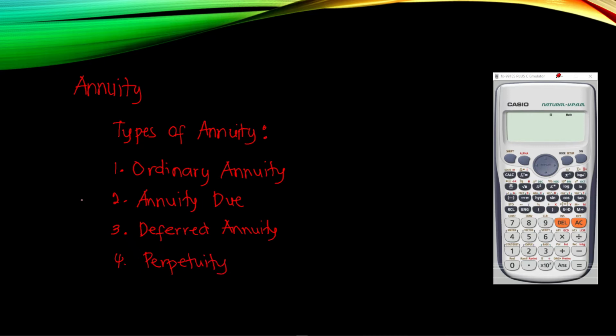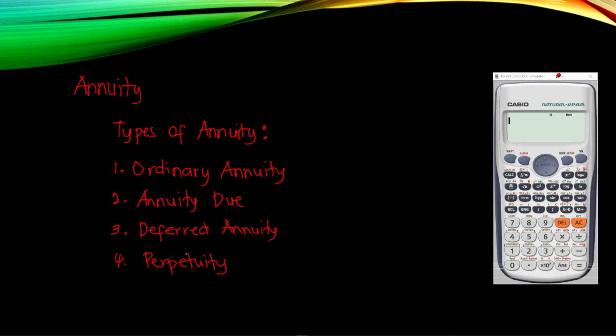Later on, yung mga examples natin is iti-check natin as to what type of annuity siya na belong. But don't worry, even if it is ordinary annuity, annuity due, deferred annuity, perpetuity, same concept applies.